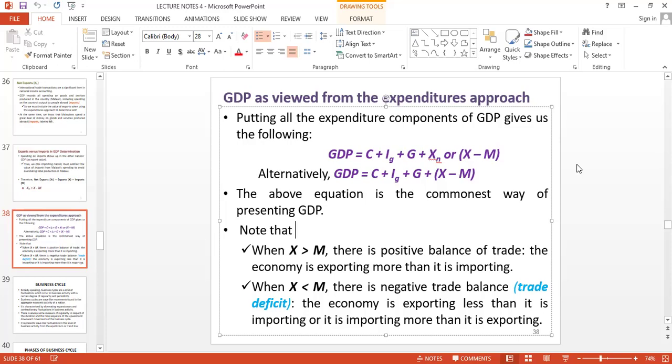So sometimes when we say export led growth, it means your emphasis on your net exports is high. So your policies about growing your economy are emphasizing on having this net export. And this is where issues of foreign exchange also come in. Foreign exchange earnings are driven by this X minus M.